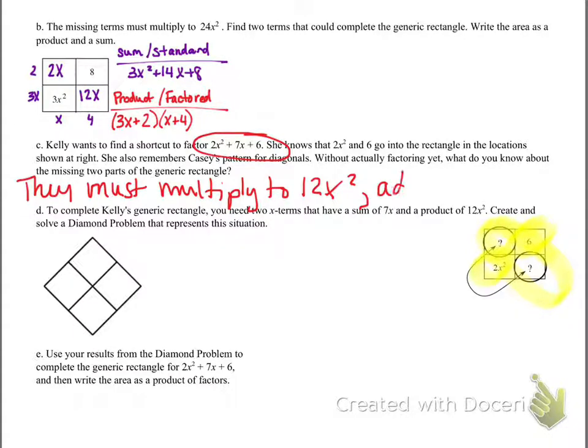In other words, the product, product means multiply, of our two terms is going to be 12x squared, and the sum is going to be 7x.